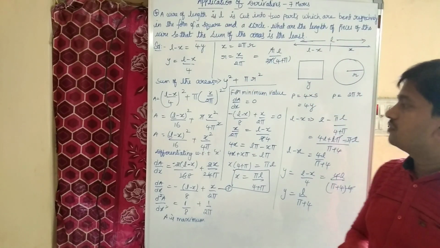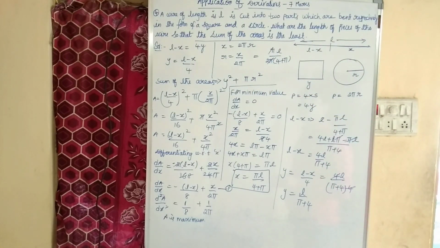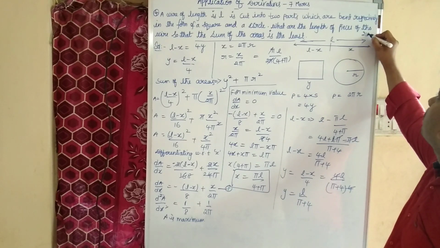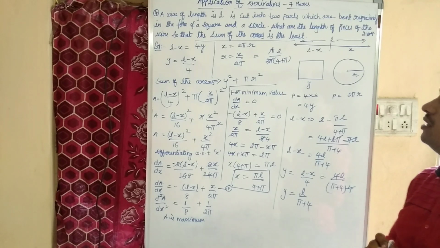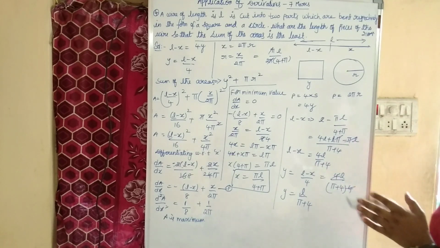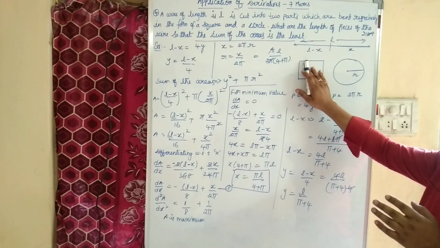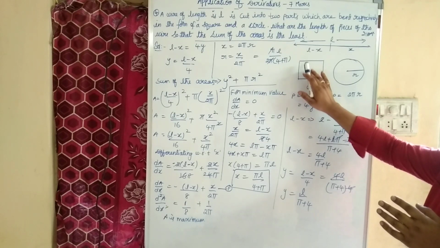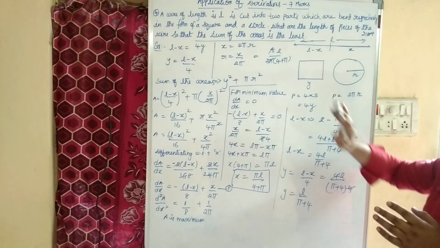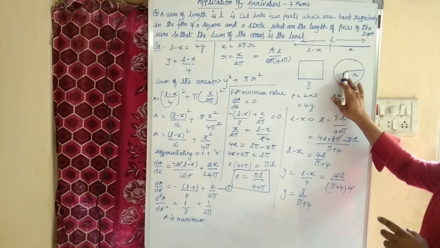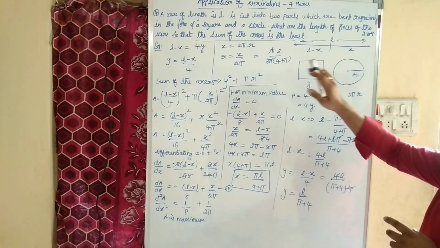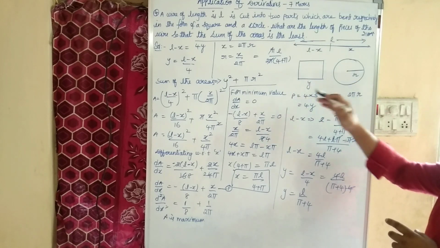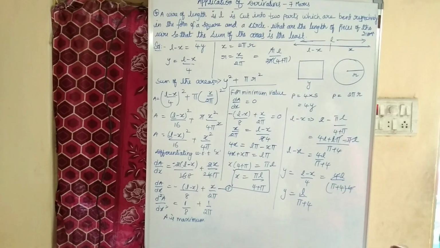Okay children? So this is also a most important question. This is also a board model paper question. Once you try to do it. Once again, what did we do? First we took the perimeter of the square, 4y equal to L minus x, and we got the y value. Then the perimeter of the circle, 2 pi r equal to the length x, so r equal to x by 2 pi.